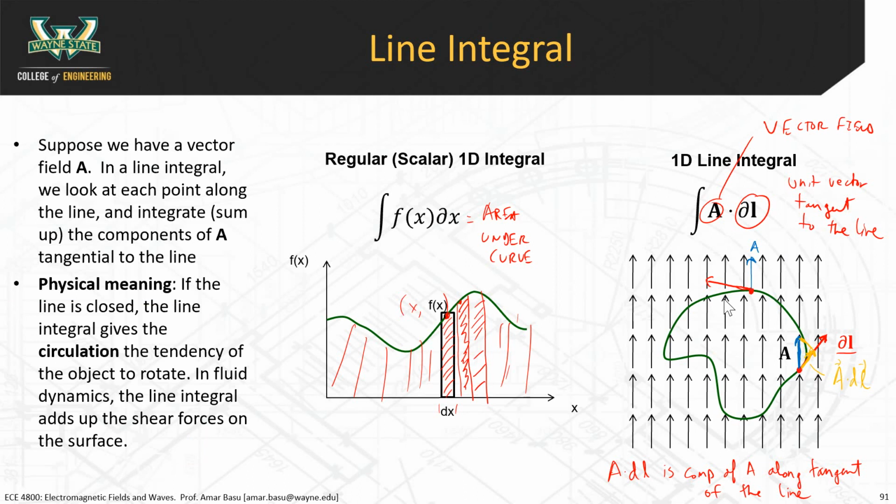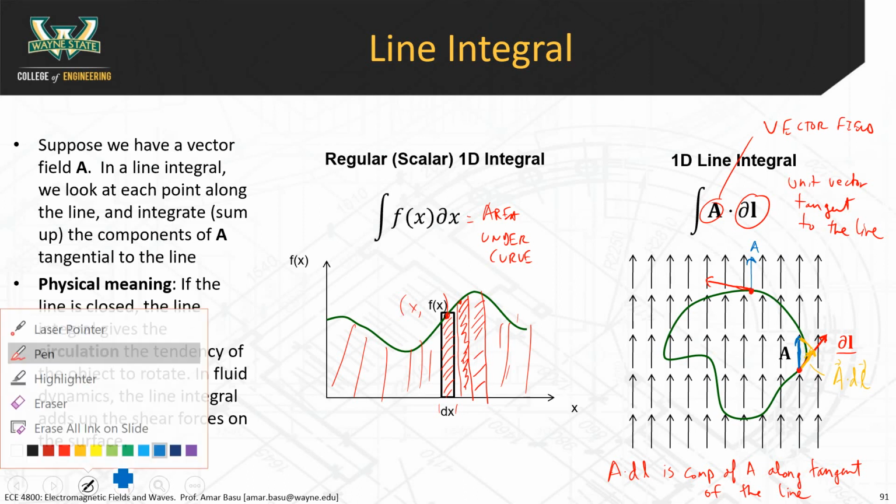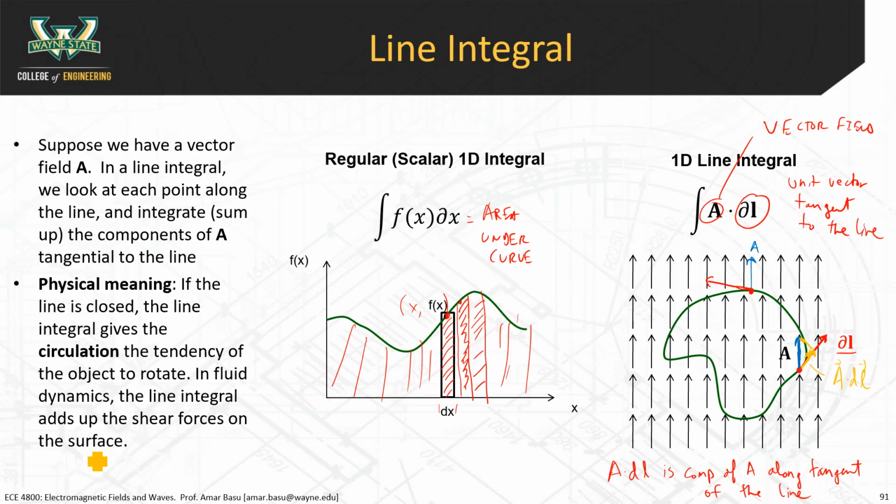That component is going to be quite small because they're almost perpendicular to each other in this particular position. So the component here would look something like this. And the vector A dot dl, shown here, is that tiny vector there.